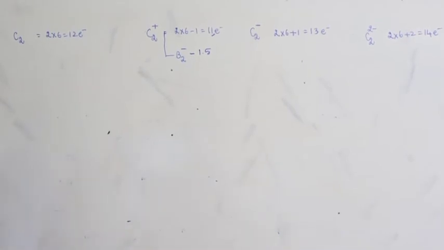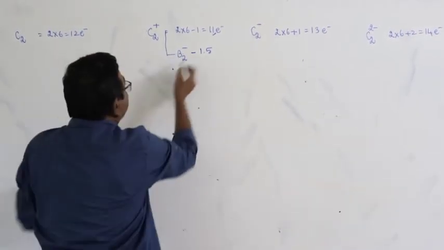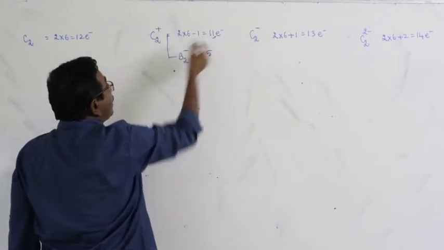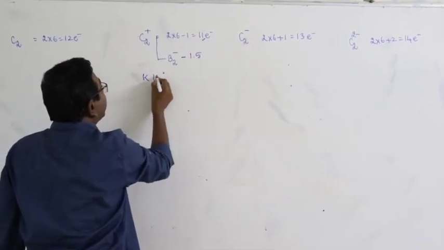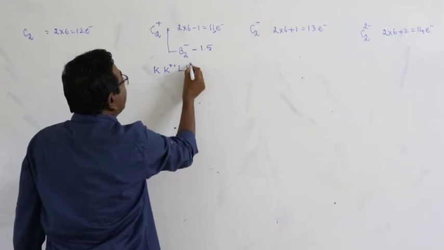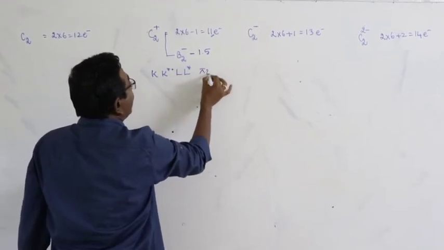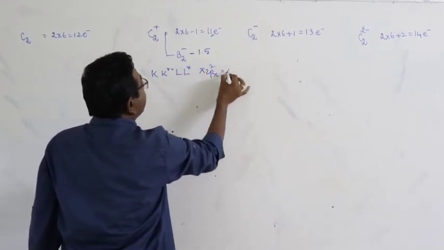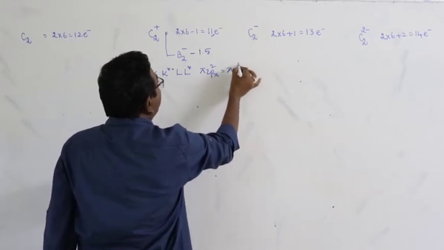How can you identify? We have already solved for this, and for the same thing we can write the same one: K star, L star, 8 electrons, pi 2p square x is equal to pi 2p y1.